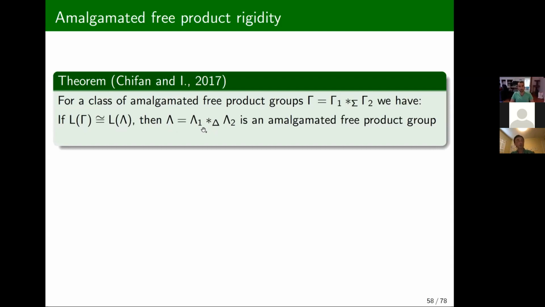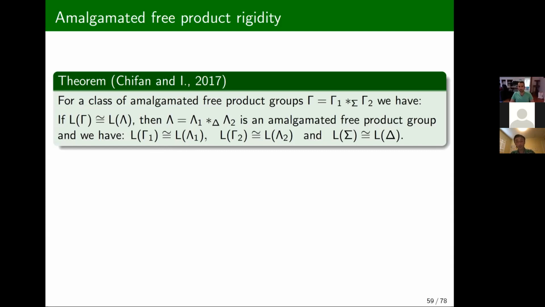Okay, so of course you have to avoid the fact that I could be taking a trivial amalgam here, so there's more to it. Moreover, the components of the amalgam give you isomorphic von Neumann algebras. So L of gamma 1 is isomorphic to L of lambda 1 and so on.